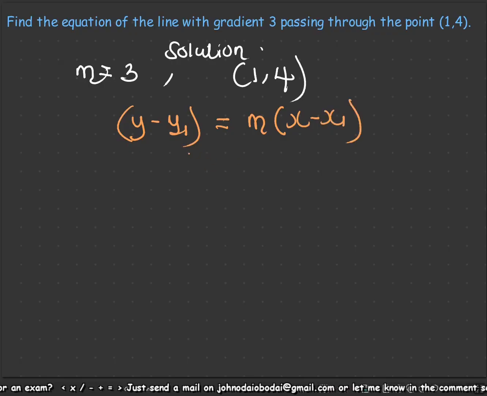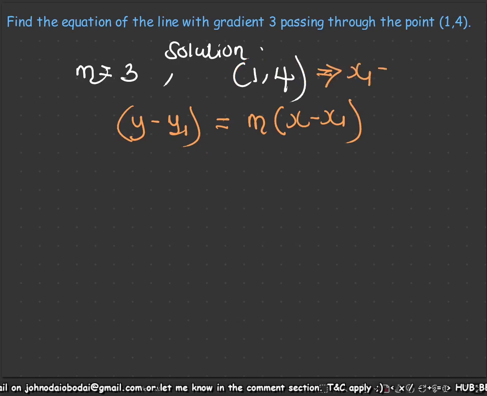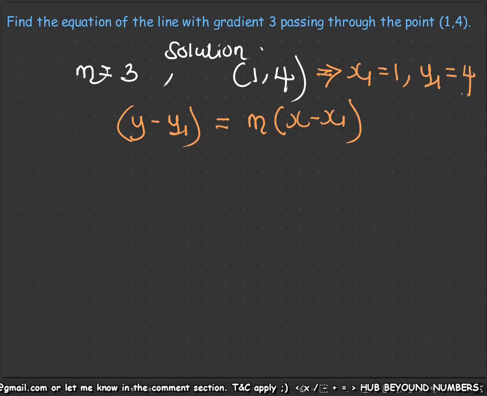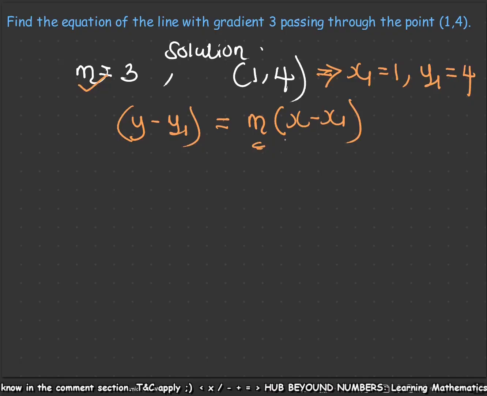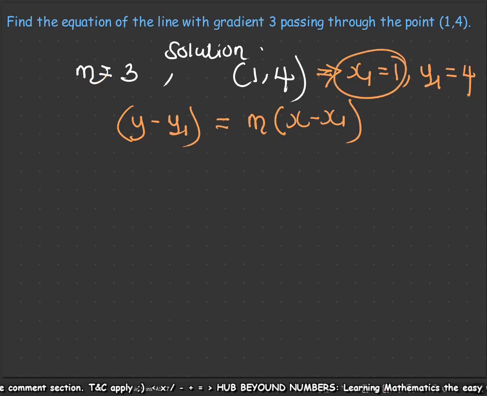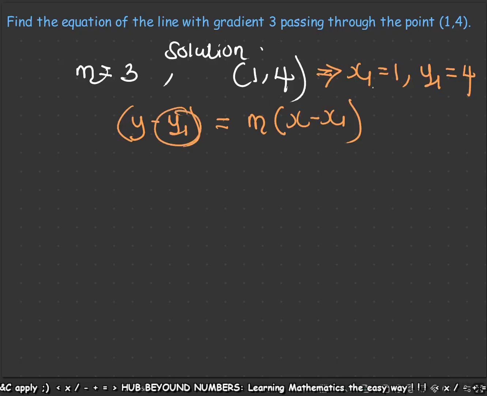So then we do our substitution, and you must take note that for this you have here, it simply means that your x1 is what? Your 1, and then your y1 is going to be what? Your 4. You see, so we have our gradient, which is here. We also have our x1, which is here, and then we also have our y1, which is here.